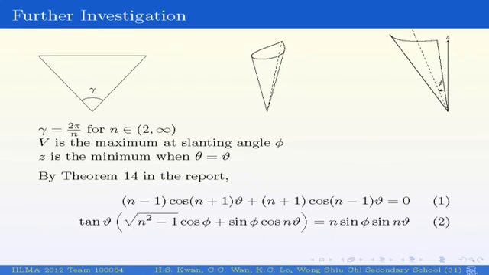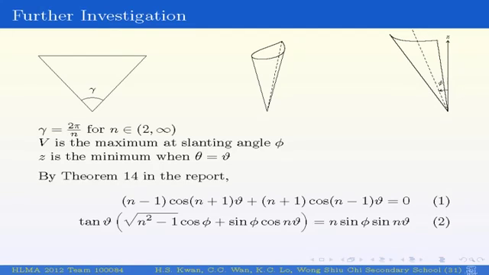But after the submission of our project, we further investigated the slanting angle for which the capacity of the cone is the greatest if it is made from an isosceles triangle of vertex angle gamma. Here, we will put gamma is 2 pi over n, for which n is a real number which is greater than 2.